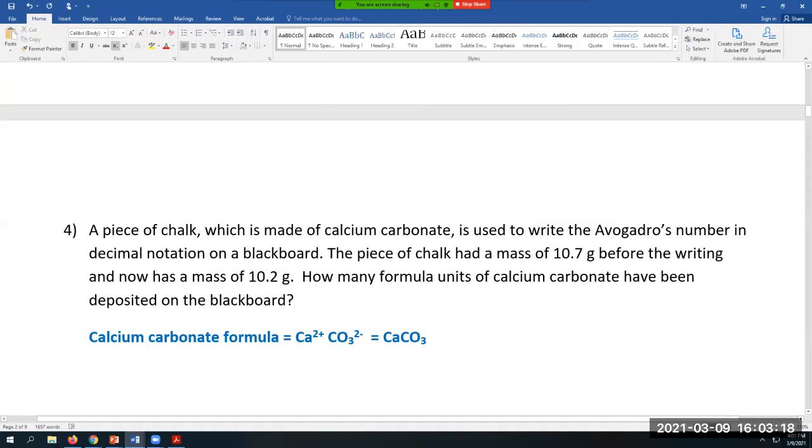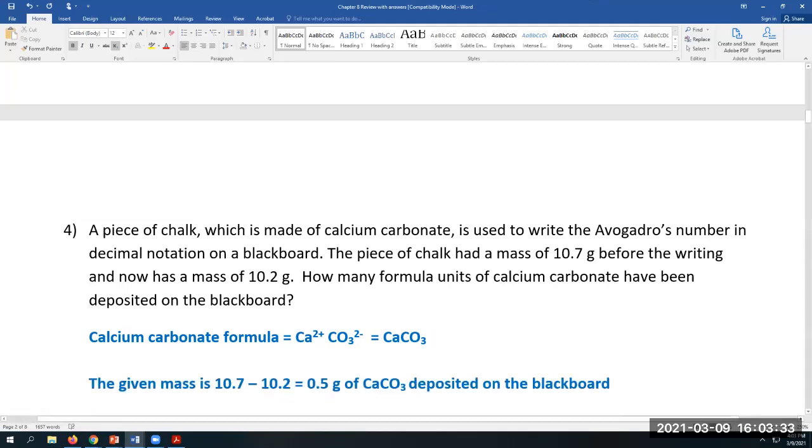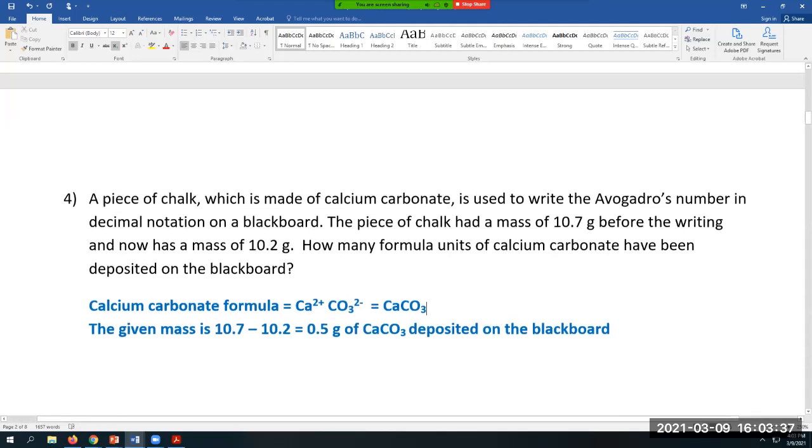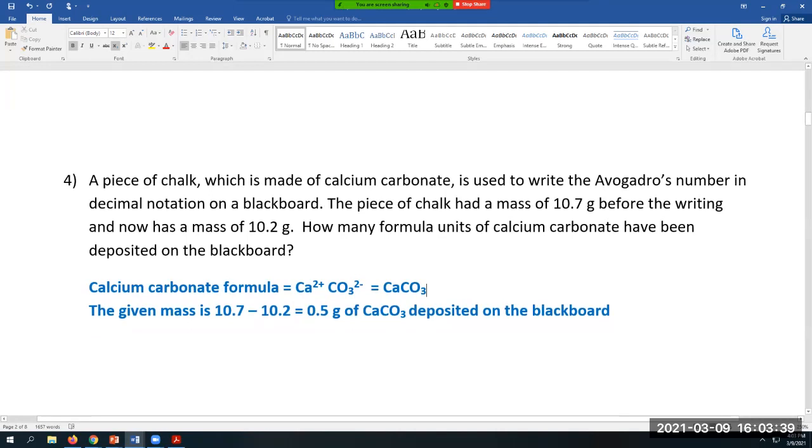Next, we need to find out the mass, because that's the only given here, the mass of calcium carbonate that is left on the board. And so you're going to take the mass before the writing and then remove the mass after the writing. And so the difference in mass is 0.5, right?